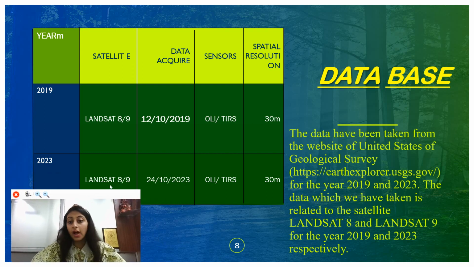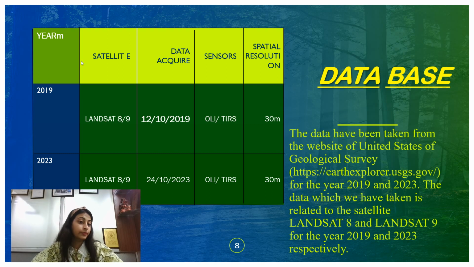Here, I'm giving the database, meaning the satellite data, the data acquisition date, the sensor's name, and the spatial resolution. As I shared previously, I collected my data for 2019 and 2023. The satellites used were Landsat 8 and 9, and also for 2023 Landsat 8 and 9.